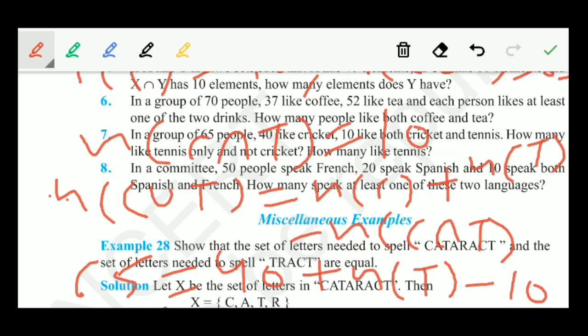Then we did Venn diagrams and operations on sets. And one more topic, that is complement of a set. And in the last we did practical problems on union and intersection of two sets.